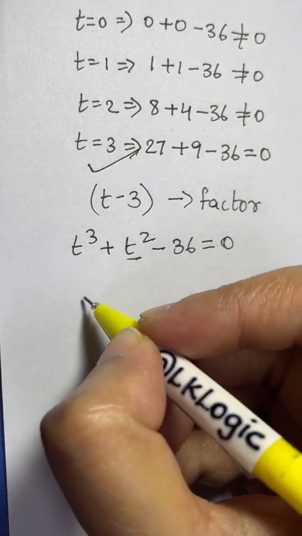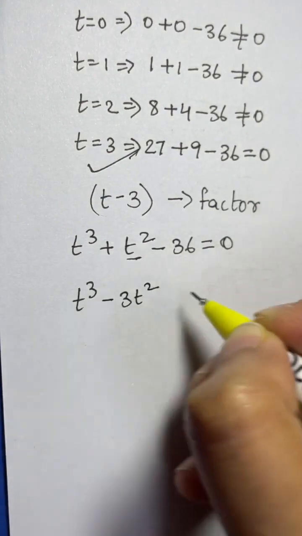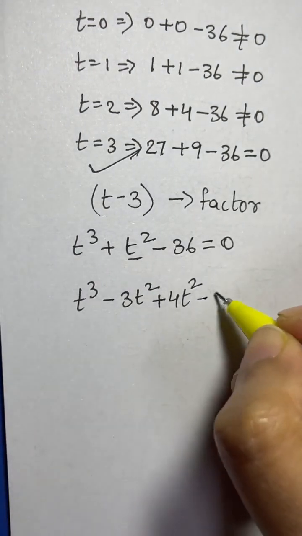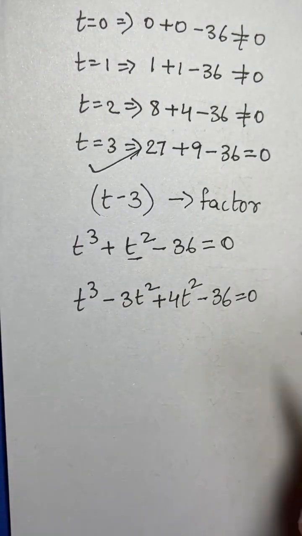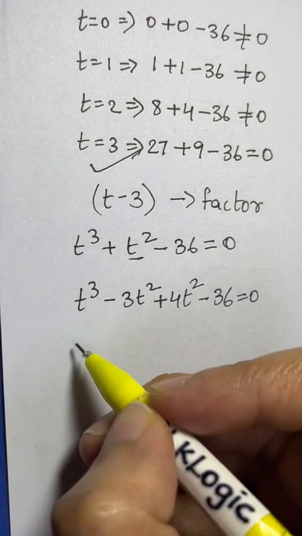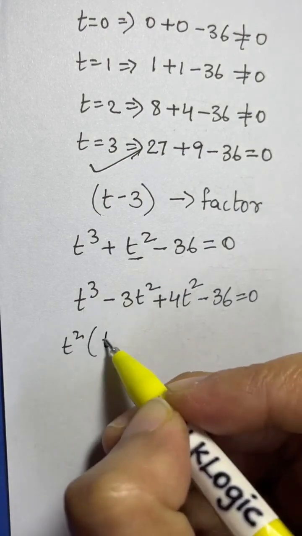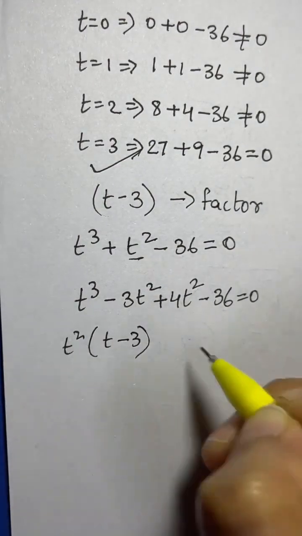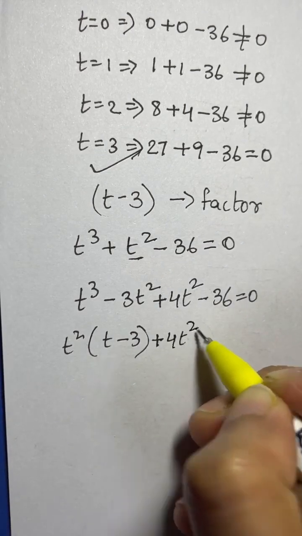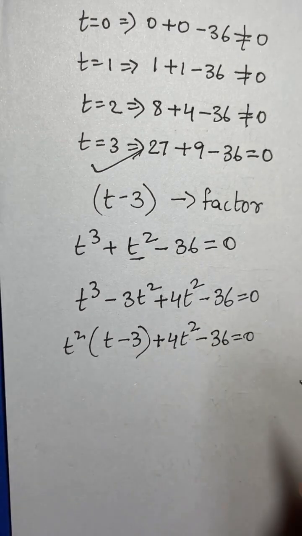So t cubed minus 3t squared plus 4t squared minus 36 equals 0. Now we can take out t squared common from the first two terms, so you're left with t squared times (t minus 3), and here you have plus 4t squared minus 36 equals 0.